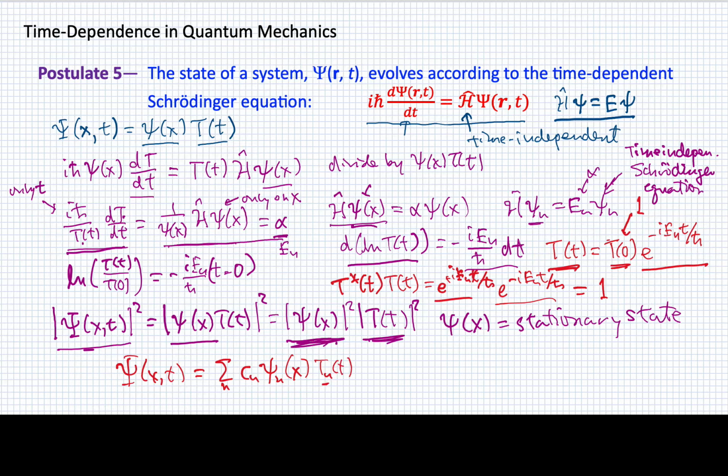Now I'm making this T sub n because there's a dependence on n here in the energies. So each of these time functions is actually different, and in fact we could write this more specifically like this.